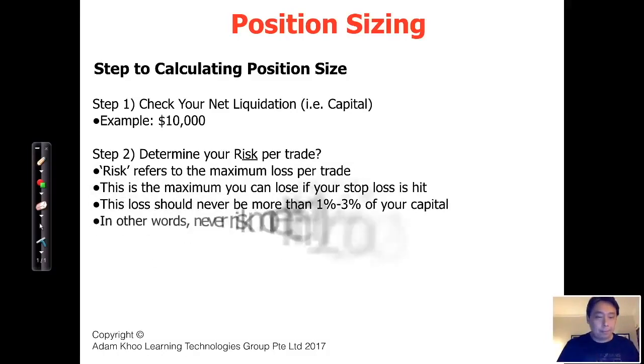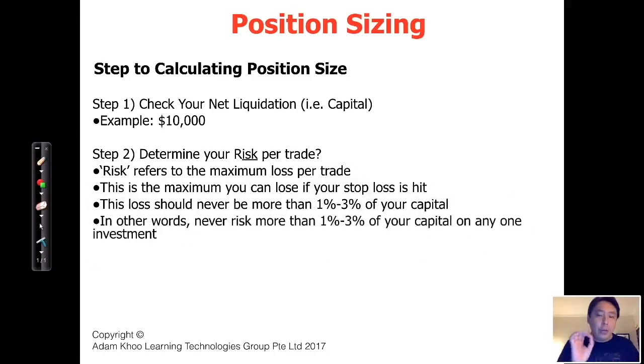In other words, never risk more than 1% to a maximum of 3% of your capital on any single trade. My suggestion is to always start with a 1% risk per trade. And once you are confident enough and experienced enough, you can raise it to 2% and eventually to 3% maximum.